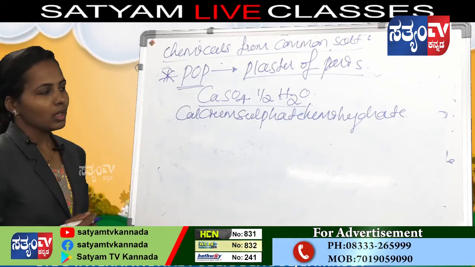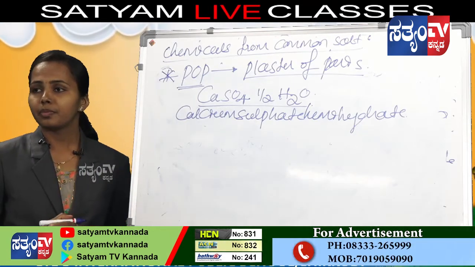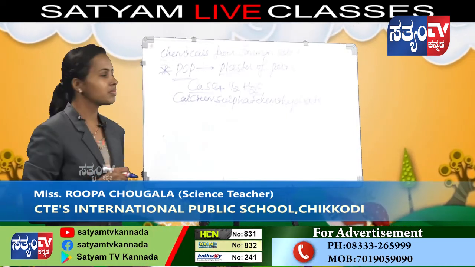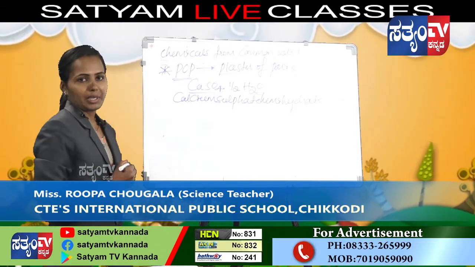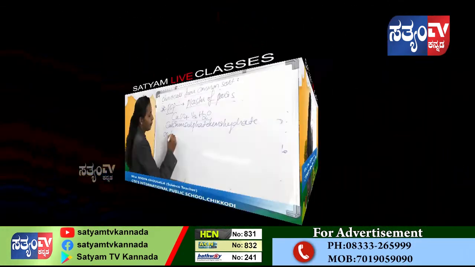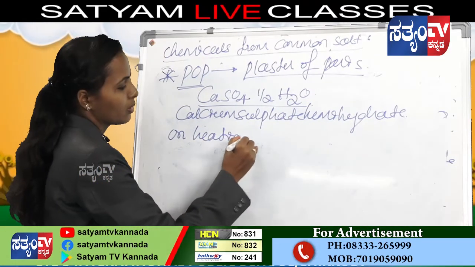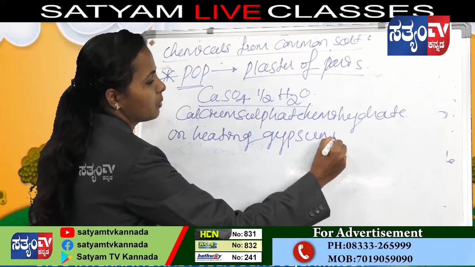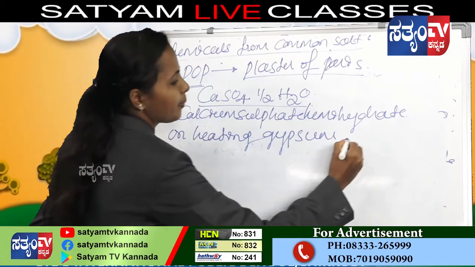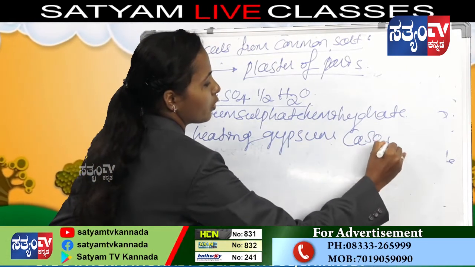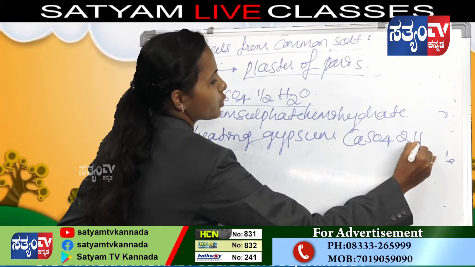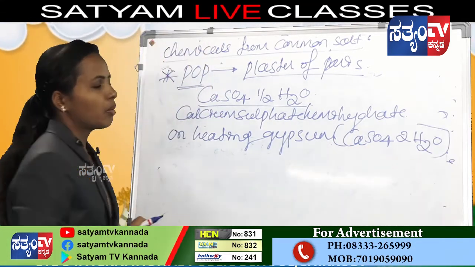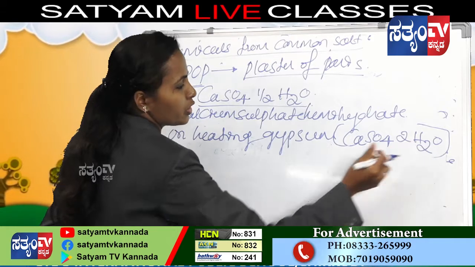When on heating gypsum, it loses its water molecules and it becomes POP. The formula of gypsum is CaSO4.2H2O.